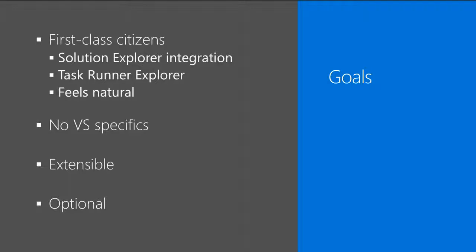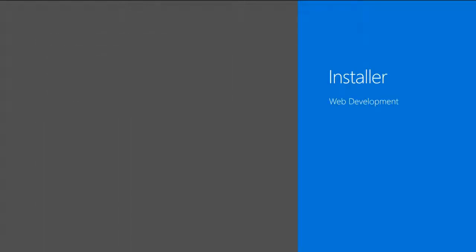So the Visual Studio installer. How many people here installed the Visual Studio 2015 RC? Hands up. Okay. How many here have installed any other version of Visual Studio 2015, an earlier preview or something? Okay. So maybe 20% have tried it.